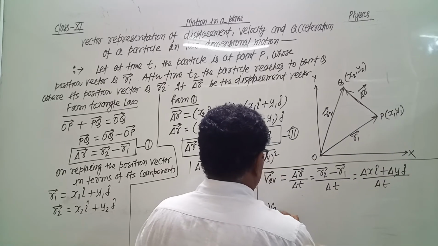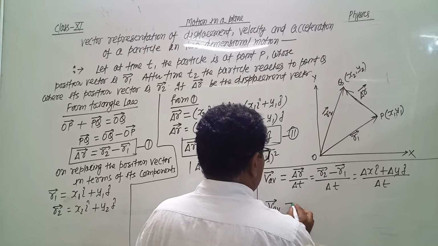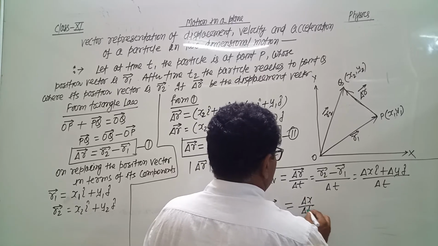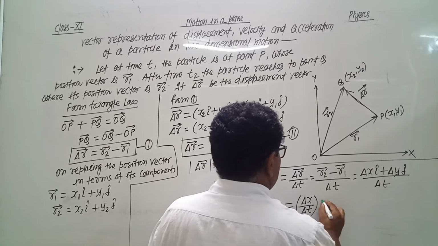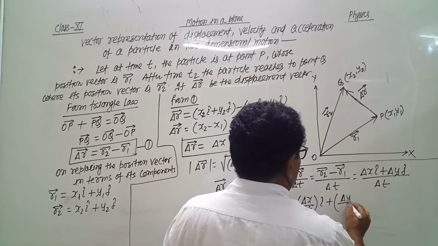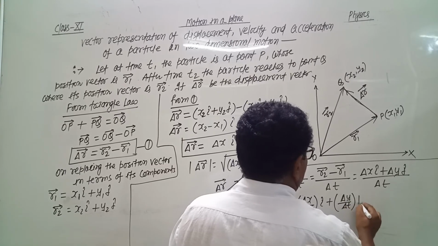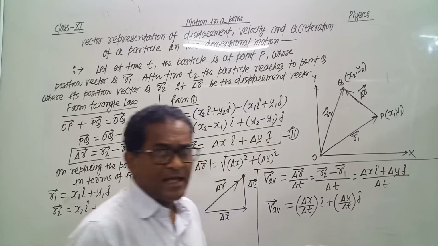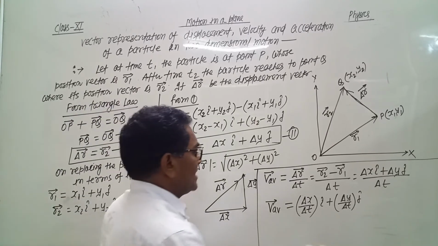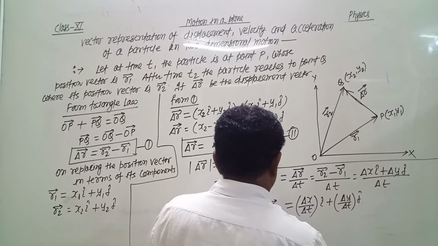This again can be written as V average equals delta x by delta t i cap plus delta y by delta t j cap, and delta x by delta t is the velocity component in the x direction.